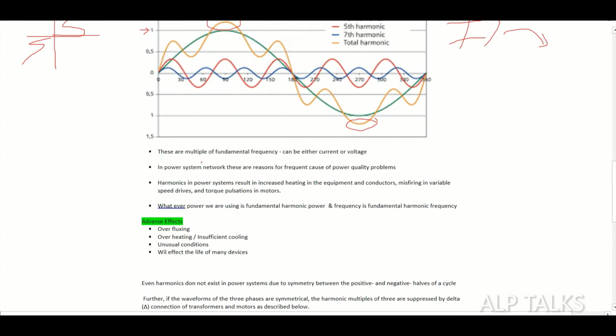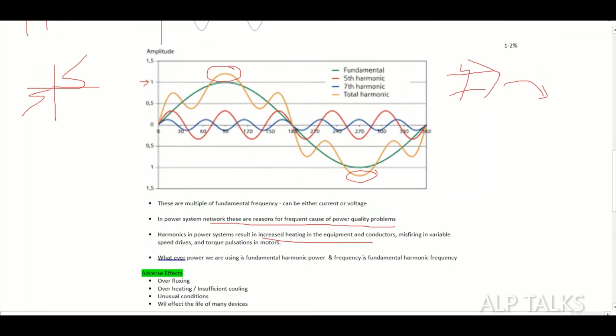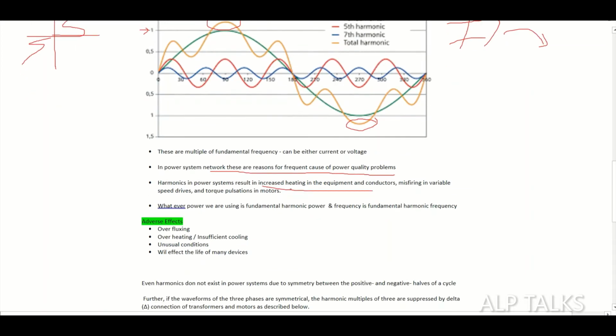So these are multiples of the fundamental frequency, and can be either current or voltage. In power systems, these are a frequent cause of power quality problems. Yes, power quality problems will arise due to these harmonics. Now you can see that the amplitude is very high due to this harmonic content. So we have to increase our conductor sizes and all our equipment sizes.